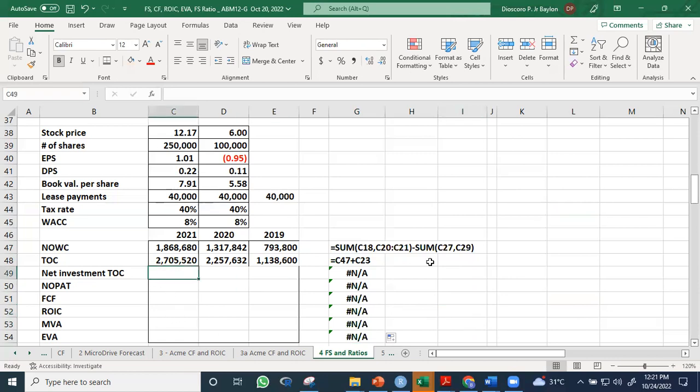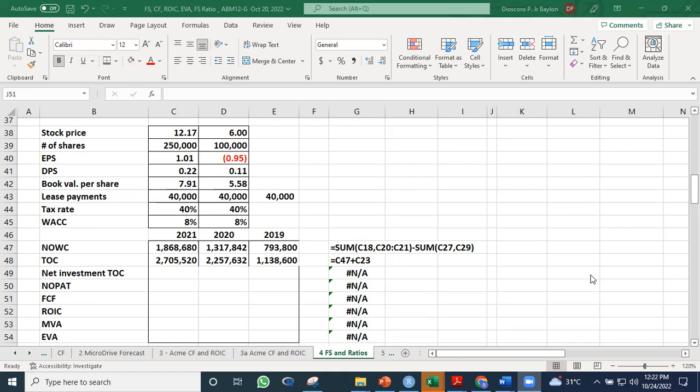Alright, therefore, how do you compute for the net investment in total operating capital? Anyone, please? Ano yung formula, guys? Sulat sa chat natin. You have your pattern there, guys. May notes on kayo.